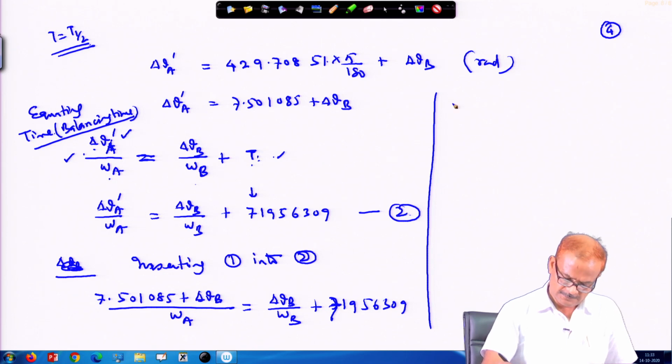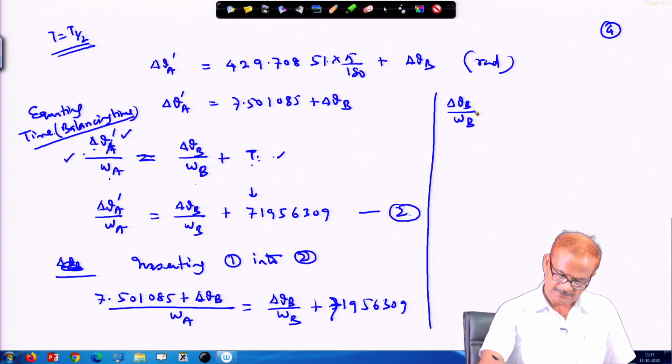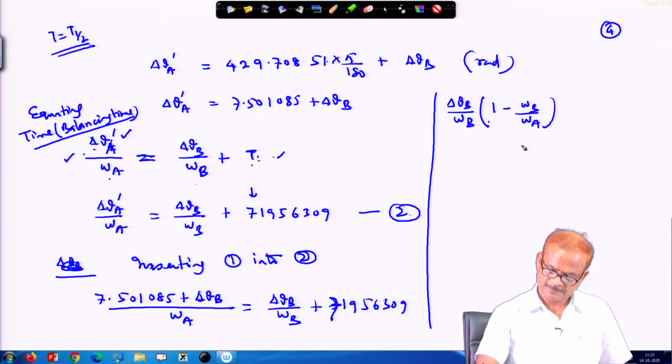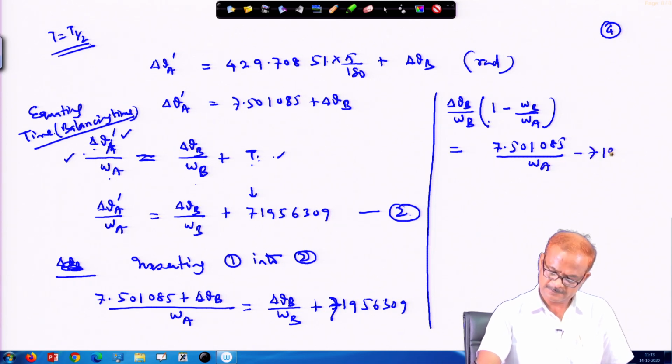And solving this, delta theta b divided by omega b, if we take it outside, one minus omega b divided by omega a, this becomes, and this equal to on the right hand side 7.501085 divided by omega a minus 71956,309.